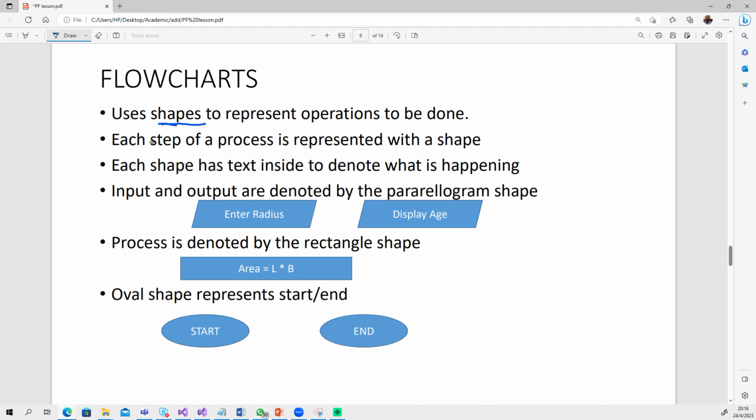Shapes are used to represent different operations that are going to be done in a specific activity. Each step of a process is represented by means of a shape. So there's a shape standing for everything.